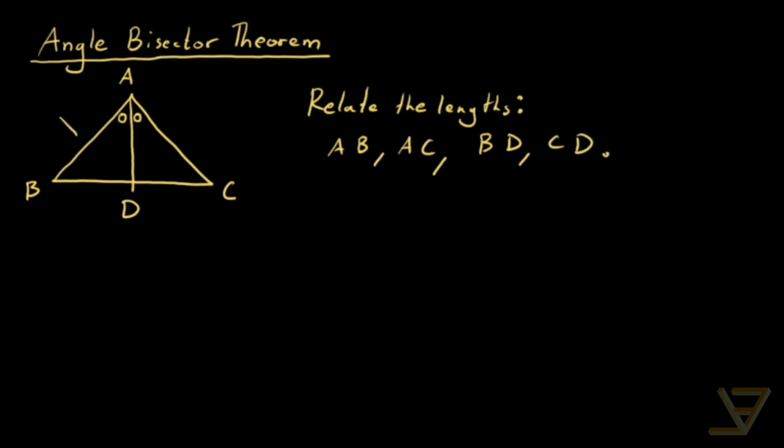So this length, this length, this length, and this length. We want to relate them using an equation. At the moment we just don't know whether it's possible, but by the end we'll see that it is doable. But that's the goal that we're starting out with.